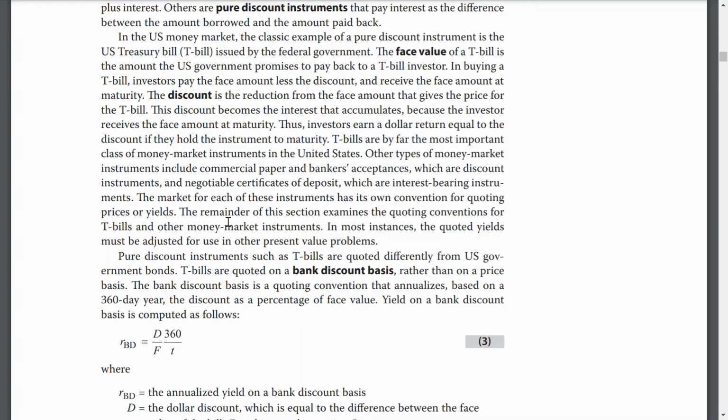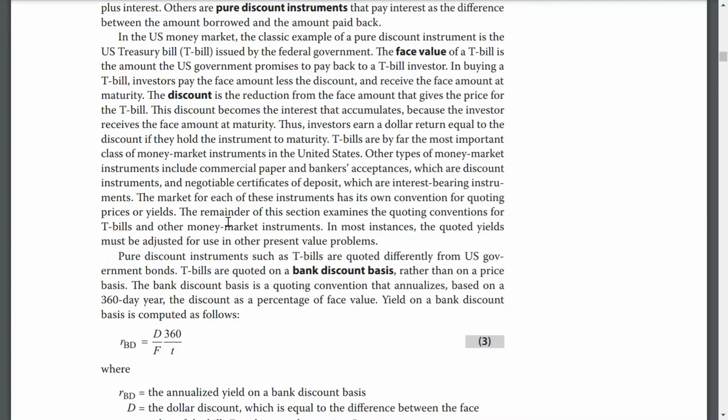The market for each of these instruments has its own conventions for quoting prices or yields. The remainder of this section examines the quoting conventions for prices and yields for T-bills and other money market instruments.